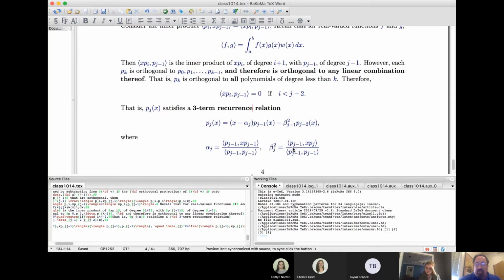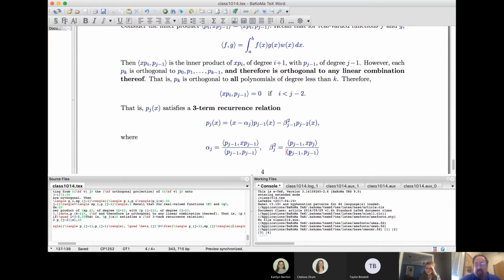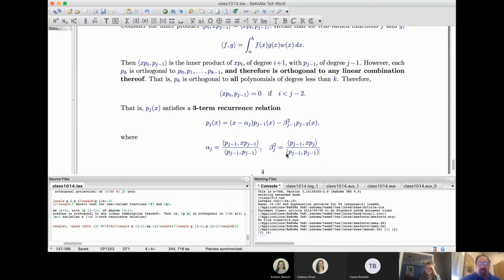I've called this quantity beta j squared, but I've given you no reason to believe that this is actually a positive number. Now we can see the denominator is positive because what you're doing here is you are taking the integral of the square of pj minus 1. So that's going to be positive. But what about the numerator? How do we know that this is positive?